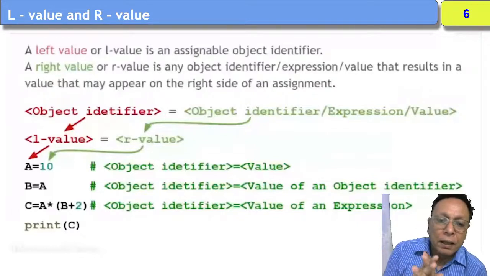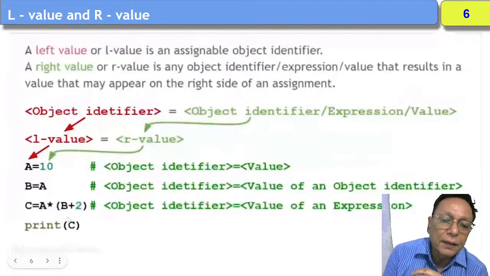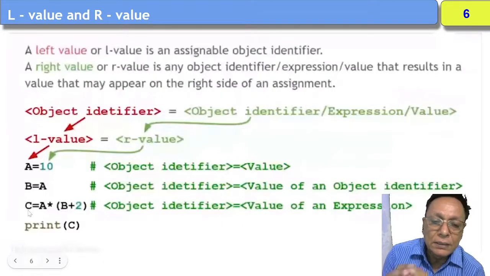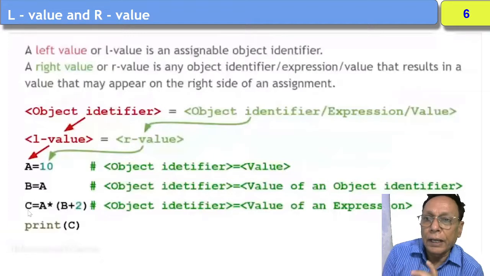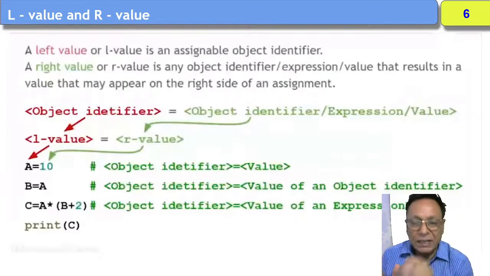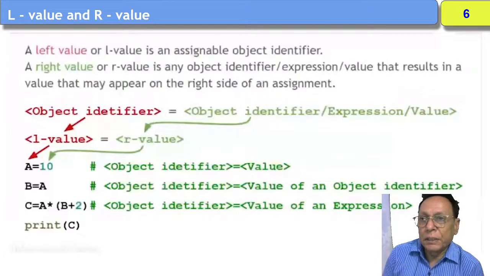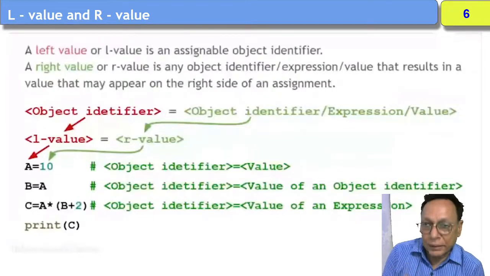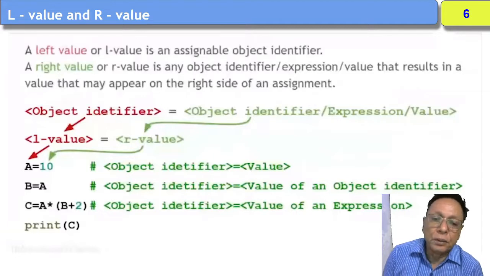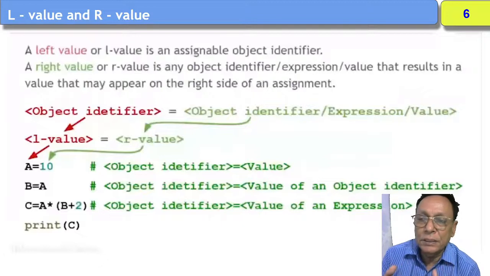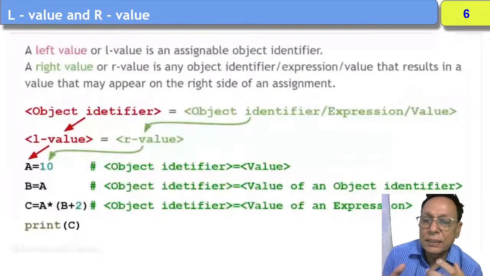And in the next step, as can be seen, C is equal to A into B plus 2. So on the right side of the assignment operator, there's an expression. It could be the expression, any identifier, or any literal on the right side of the assignment operator. So C is equal to A into B plus 2 is a valid expression because L value is C and R value is A into B plus 2.